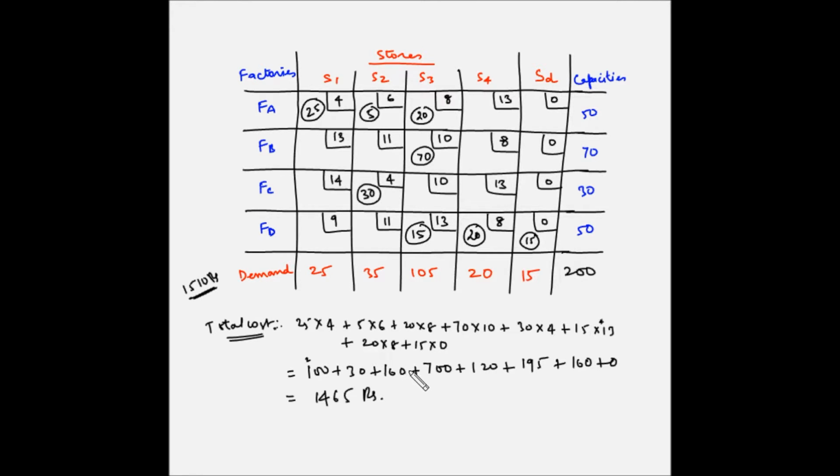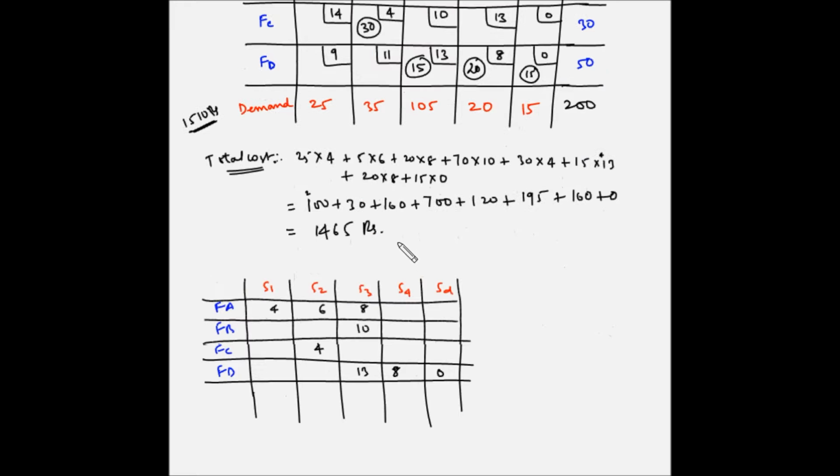Now the first step in the optimality test using the modified distribution method is to set up a cost matrix containing the unit cost associated with the cells for which allocations have been made. So this matrix shows the unit cost of the squares which have allocations made to them, or in other words, these are the costs for the stone squares.